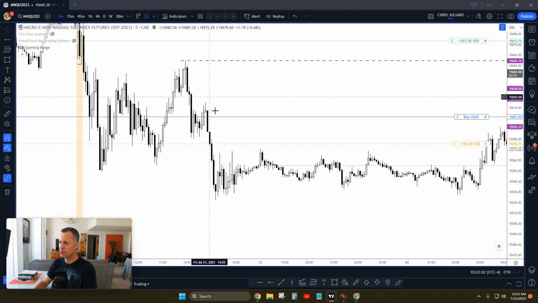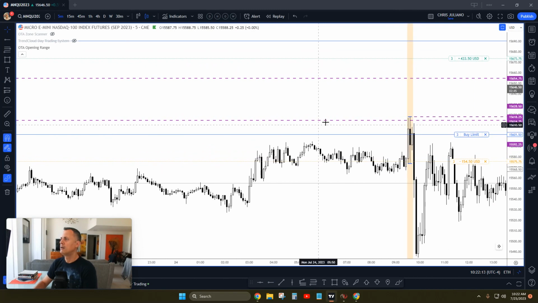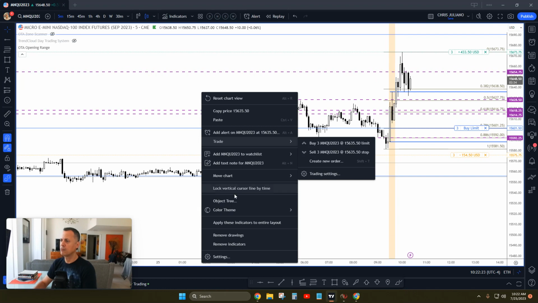Okay, so we broke through that as well. We broke through that, and we broke through this formation that did a little number over here. Is that the last piece? Yes. Okay, so we broke through this formation down here, formed a leg that broke through a lot of structure. Let's get rid of all these lines.